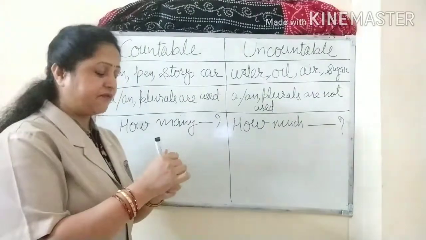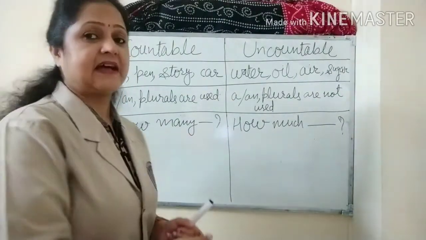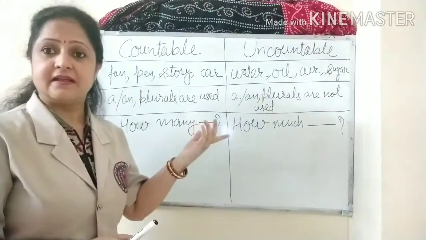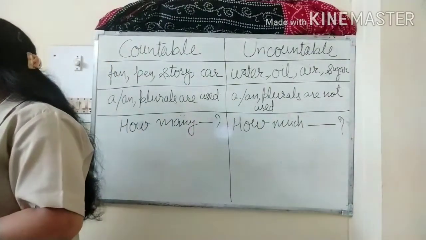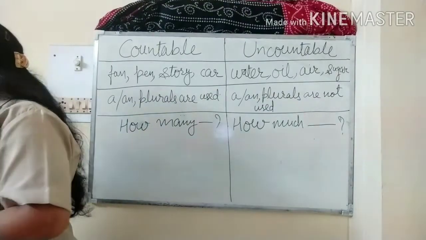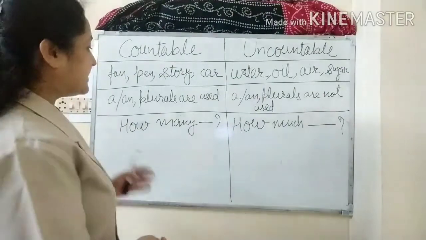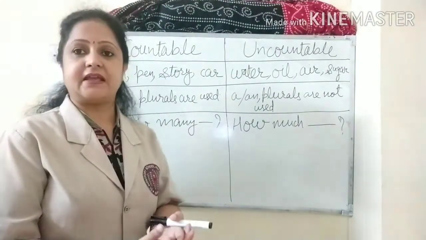So suppose I know the answer to these questions, in that case I will say I am having 1 pen, 2 pens, 3 pens. But if I don't know the exact number of pens I am having, in that case I will use the quantity expression to give my answer.